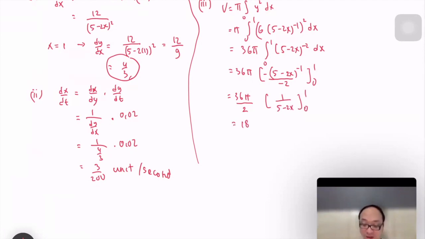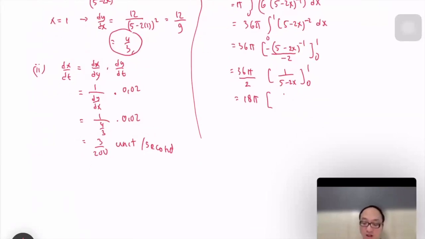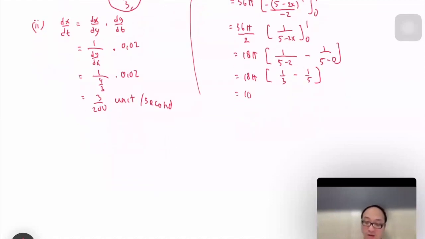So this is 18 pi times 1 over (5 minus 2) minus 1 over (5 minus 0). So 18 pi times (1/3 minus 1/5), which equals 18 pi times (5 minus 3)/15.